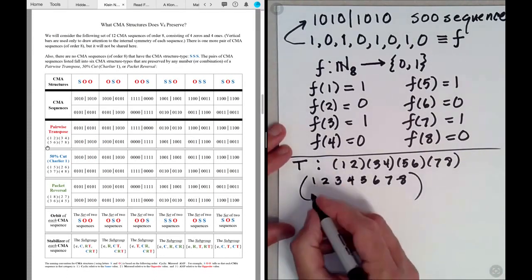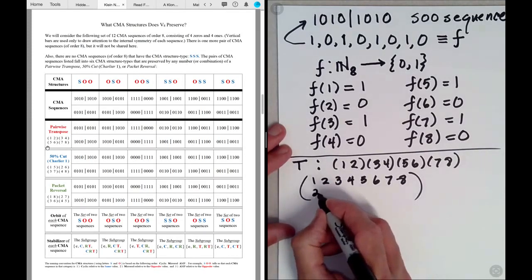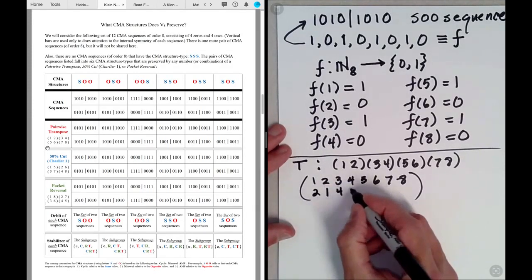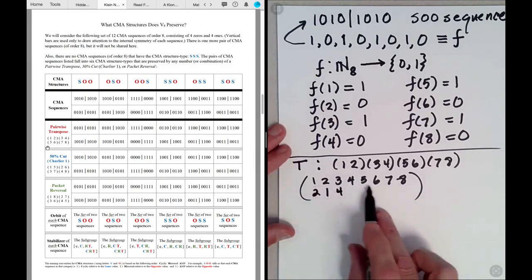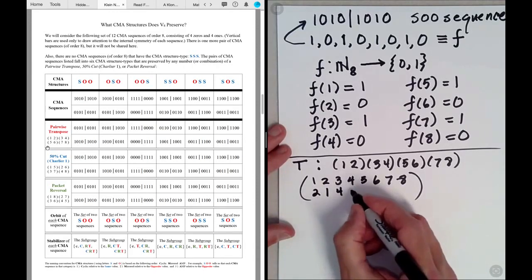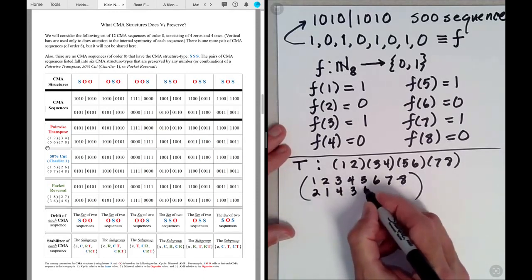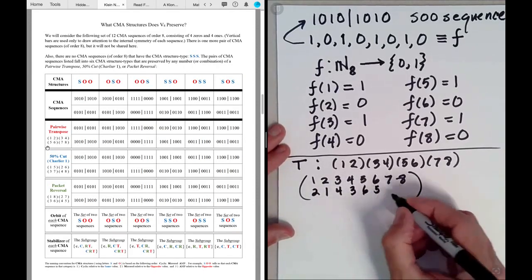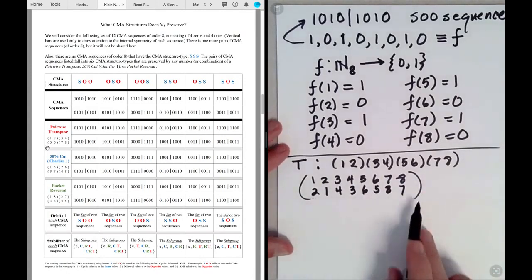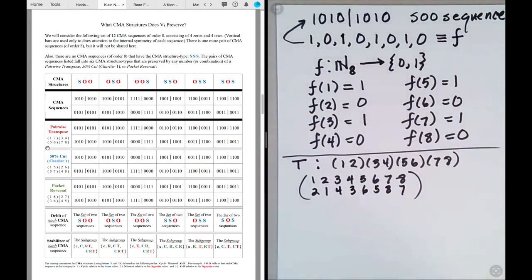So what's happening here is, if we were to actually have a sequence 1 through 8 of cards, and perform a pairwise transpose on those cards, this is the new order you would get: 2, 1, 4, 3, 6, 5, 8, 7.